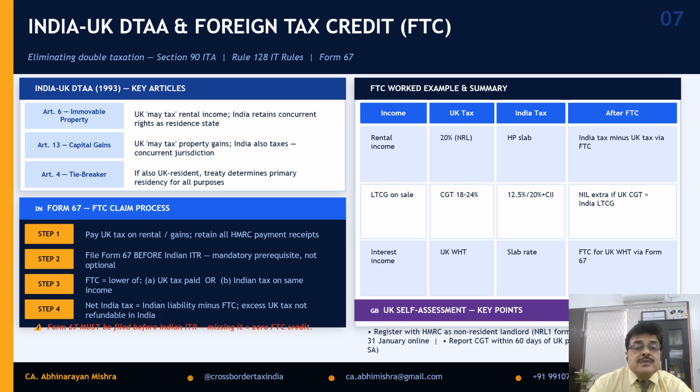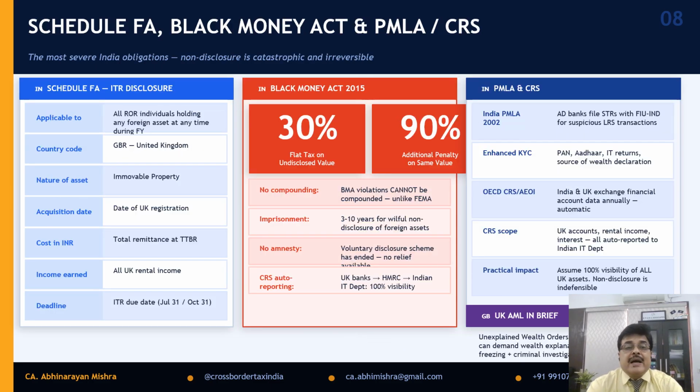Then you go to the Schedule FA. Schedule FA is very rigorous. Its consequences are very severe. It is applicable to all ROR individuals holding any foreign asset at any time during the financial year.